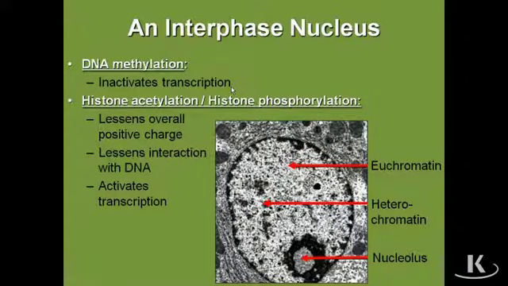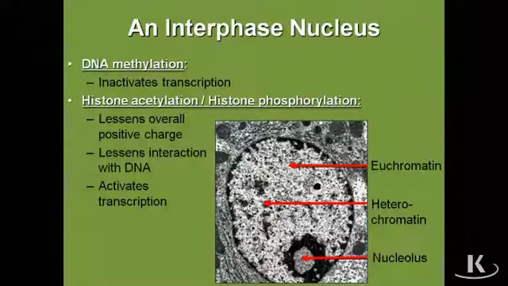So when DNA becomes methylated, it's going to change its structure, and it actually causes the DNA to become more tightly packaged and less likely to be expressed in the form of transcription and translation. So another way of saying that is DNA methylation favors heterochromatin, or inactive transcription, because you won't get good gene expression going on in any gene that's methylated.